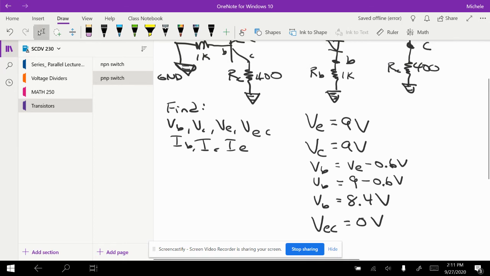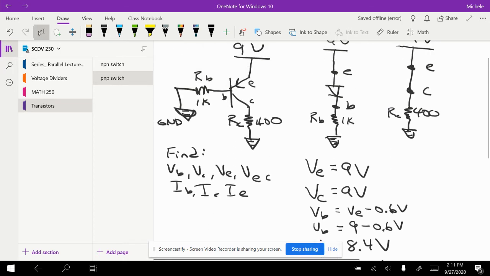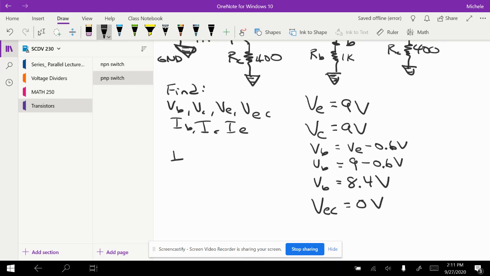Now we can go to our currents. Since we know our base voltage is 8.4, we've got 8.4 volts to drop across the 1K. So we're going to say IB is equal to VB divided by RB. And so IB is equal to 8.4 divided by 1K.